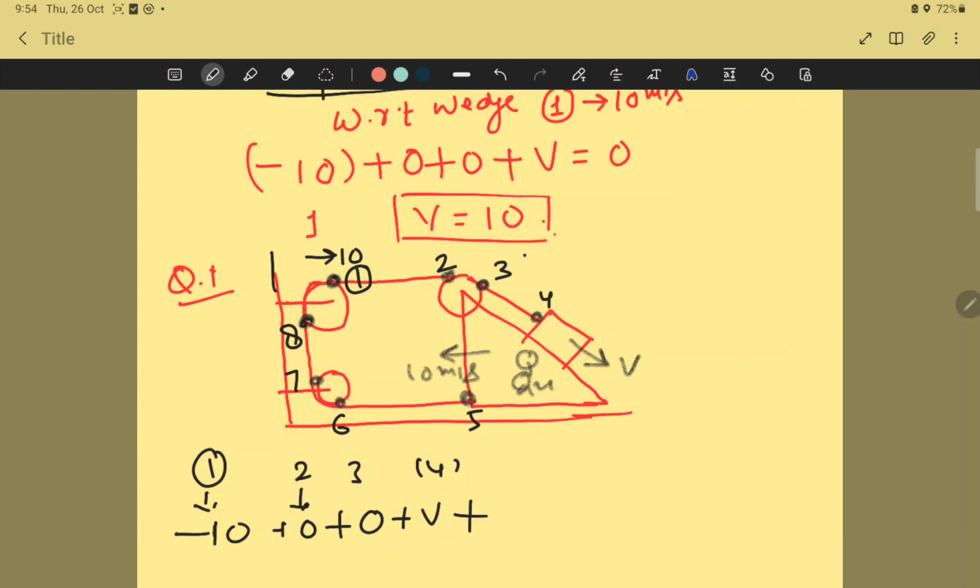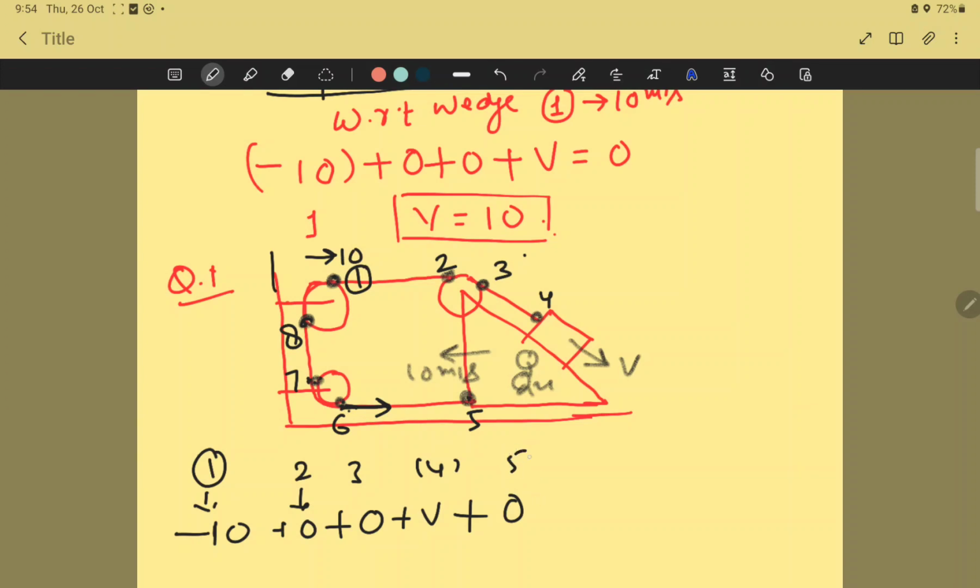What about point 5? Point 5 is a part of which it will be 0, fine. What about point 6? Since 6 and these are the connected portion of it, and these two are not moving, we can say this point 6 is moving towards the wedge.